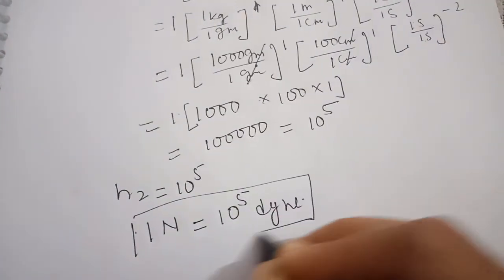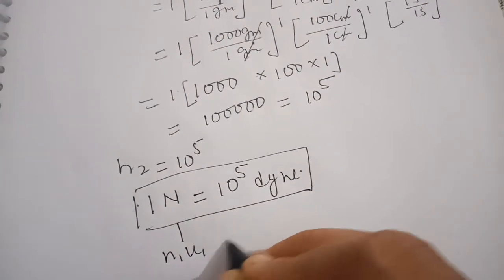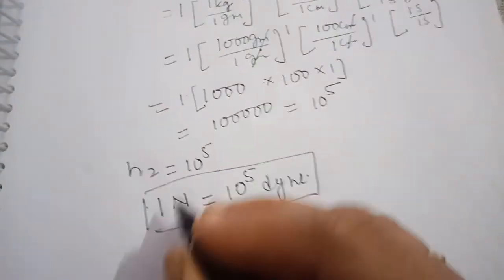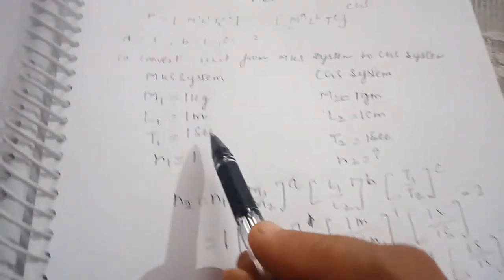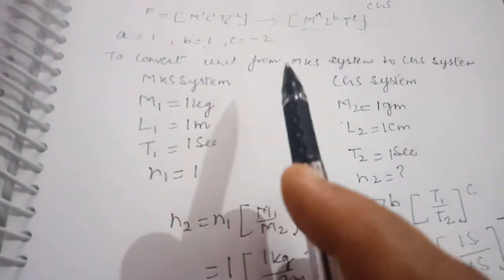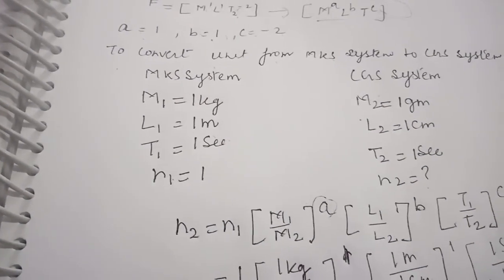Okay, this relation you have got by considering N1 U1 equal to N2 U2. So this is a method to convert one unit from one system of unit into another system.